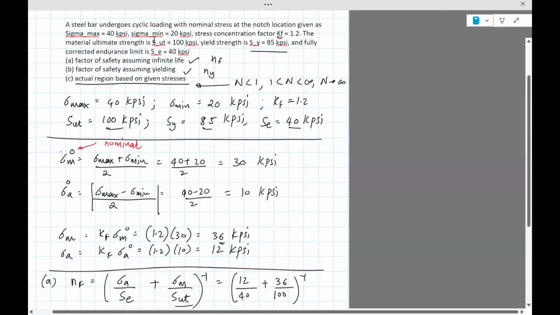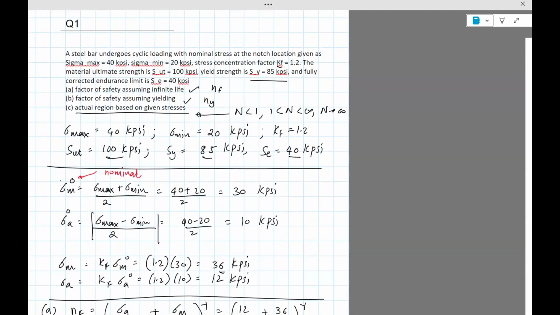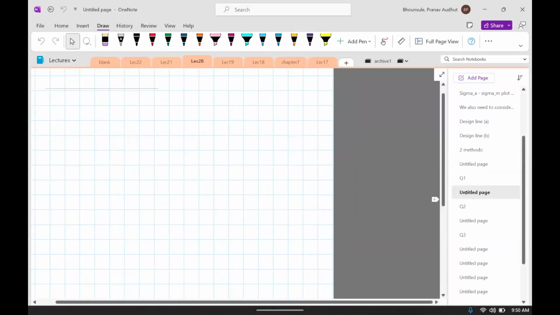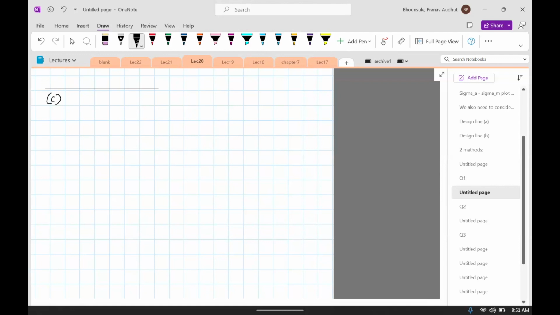The next question is we need to figure out the actual region based on the given stresses. So I'm going to show both ways of computing that region. So the first method is the non-graphical one, that's the easier one. So for C, we say that the numerical method.